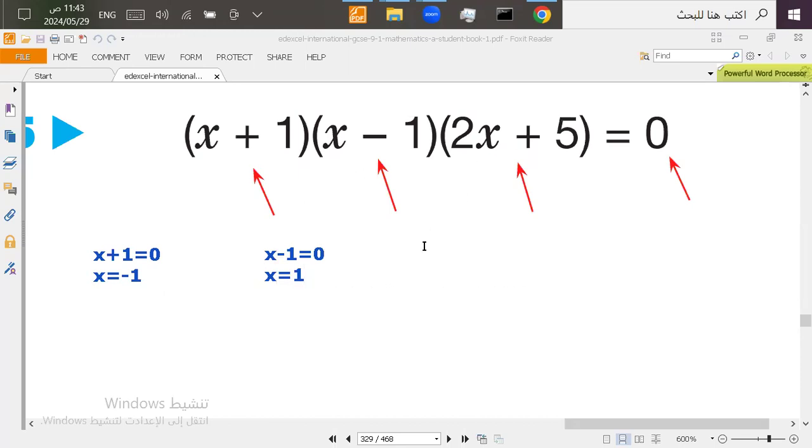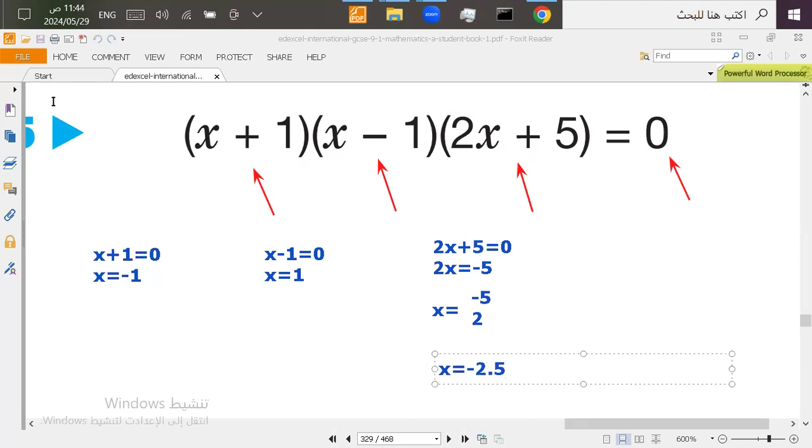Now the last one, so you say 2x plus 5 will equal 0. You take the 5 to the other side, so 2x equals negative 5, like this. And then you divide by 2, so negative 5 divided by 2. So x will equal negative 2.5.